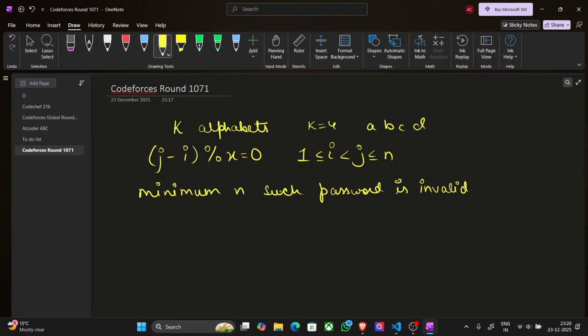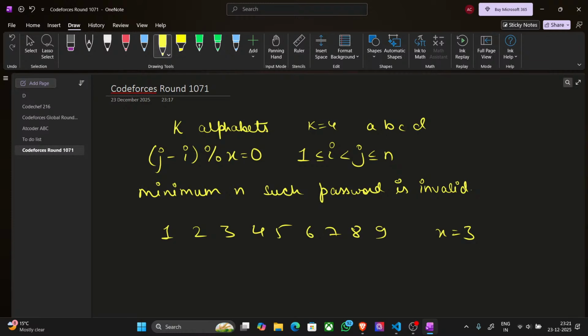So if you look at this, what does j minus i modulus x equal to 0 define? Say the indices are 1, 2, 3, 4, 5, 6, 7, 8, 9 for a string of length n, and let's say x is equal to 3.